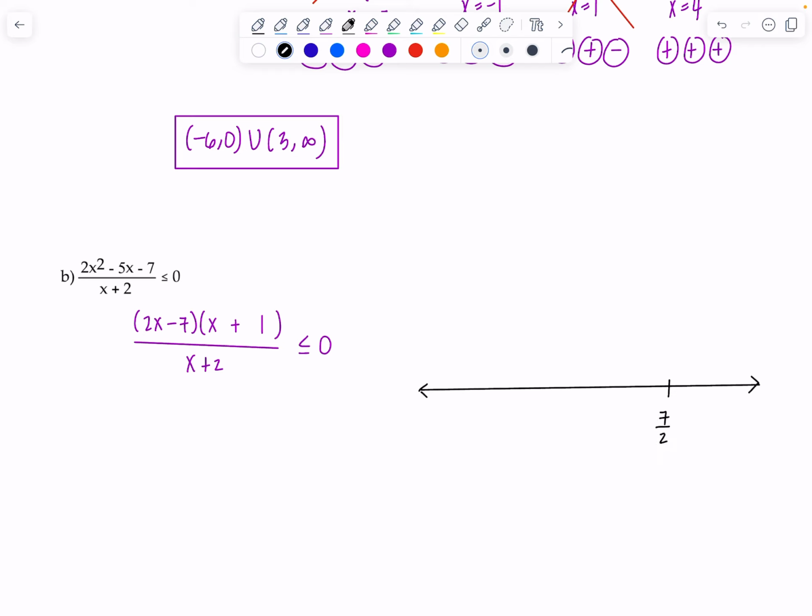Also x equals -1 and x equals -2. Now, I know -2 is a 0 from the denominator, so it is a restriction. We can't include -2 in our solution set, but it still is important to list that 0 on the number line because the sign of the expression could change on either side, okay?